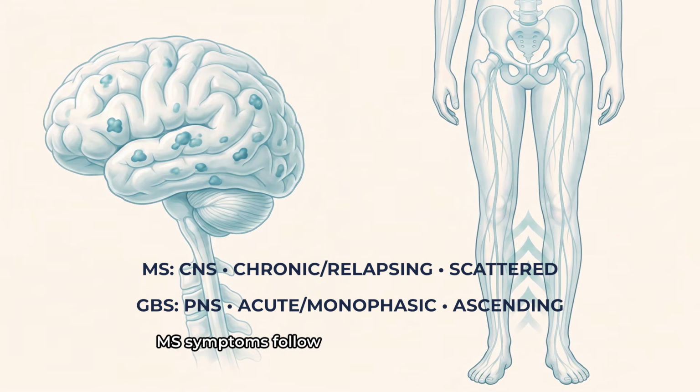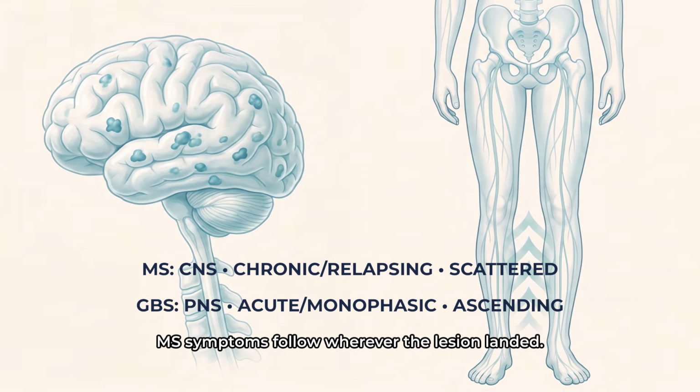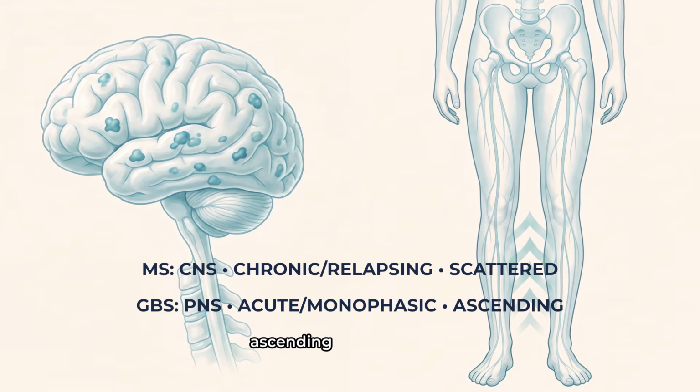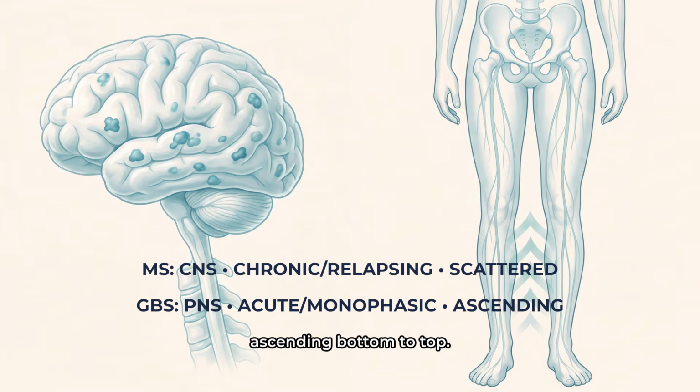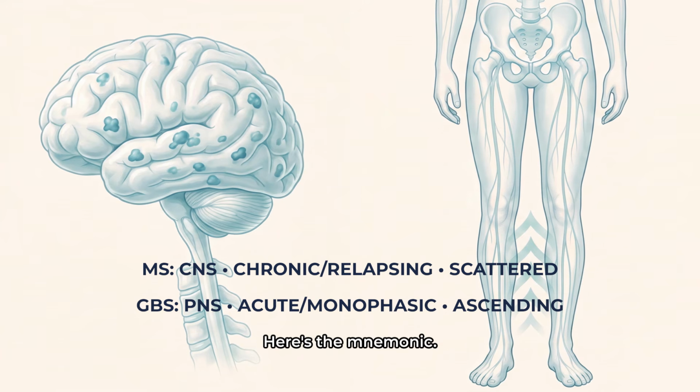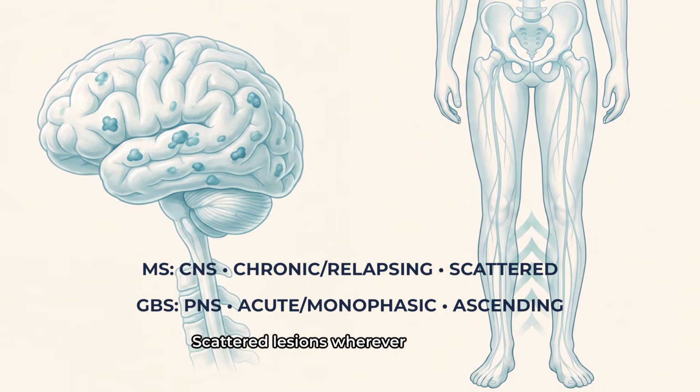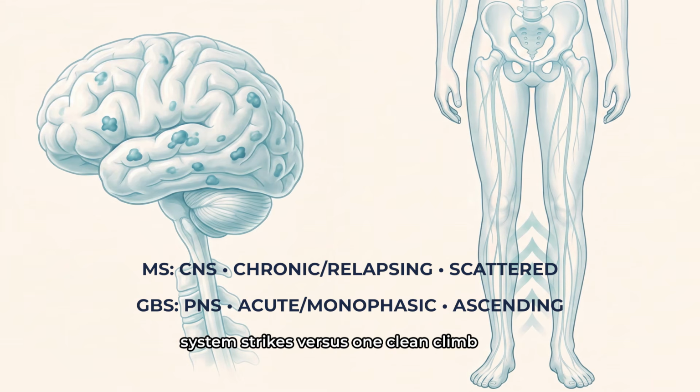MS symptoms follow wherever the lesion landed, could be anywhere. GBS follows a pattern, ascending bottom to top. Here's the mnemonic: MS is scattered, GBS is a staircase. Scattered lesions wherever the immune system strikes versus one clean climb from the feet up. Central and unpredictable versus peripheral and patterned.